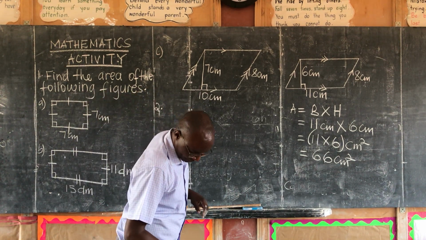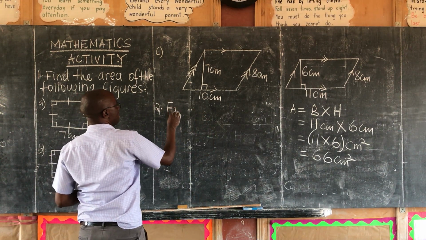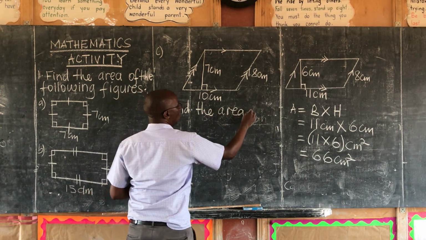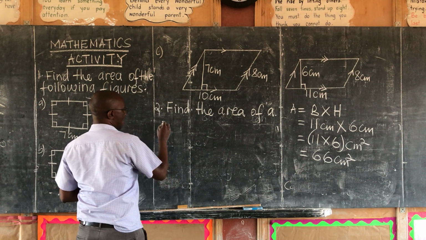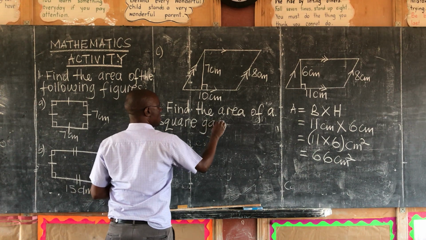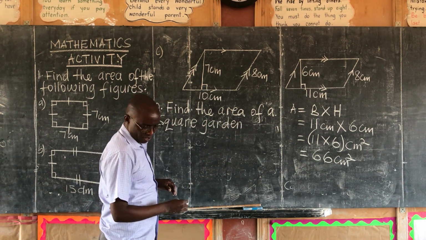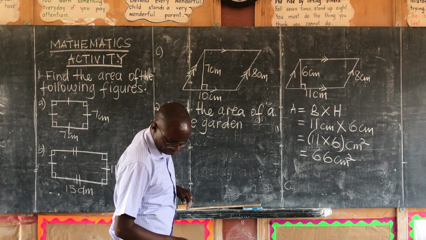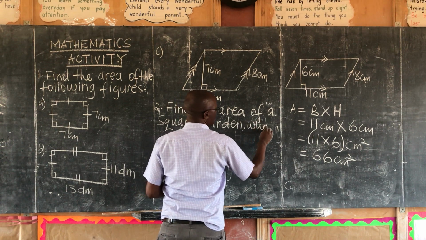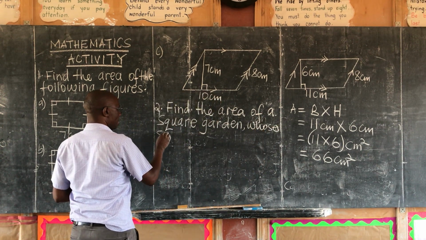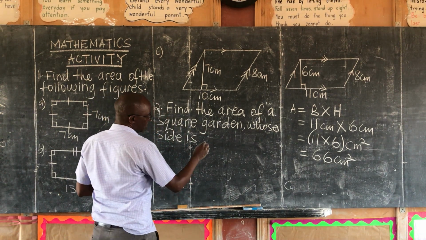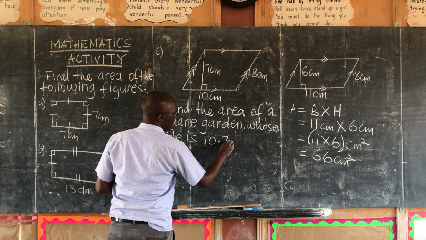Question 2. Find the area of a square garden whose side is 10.7 meters.